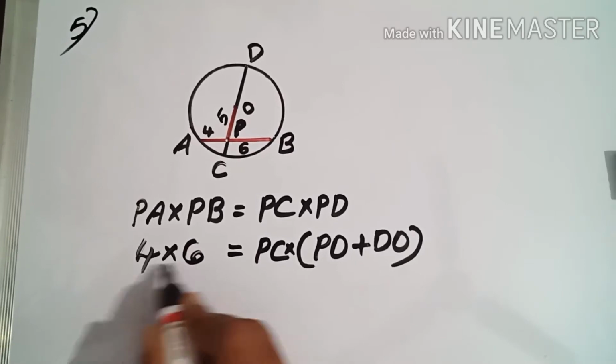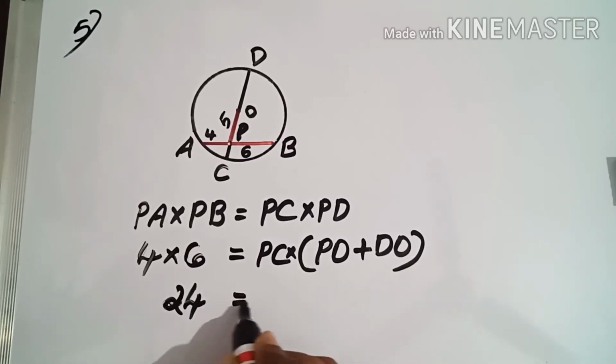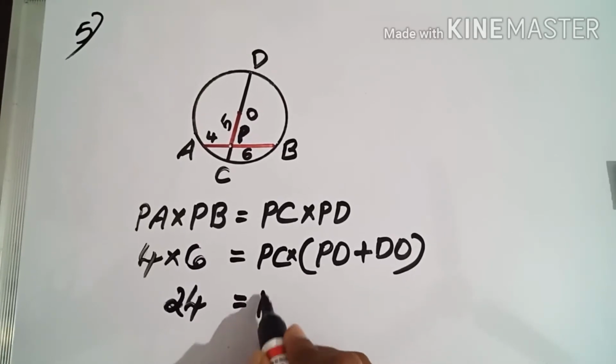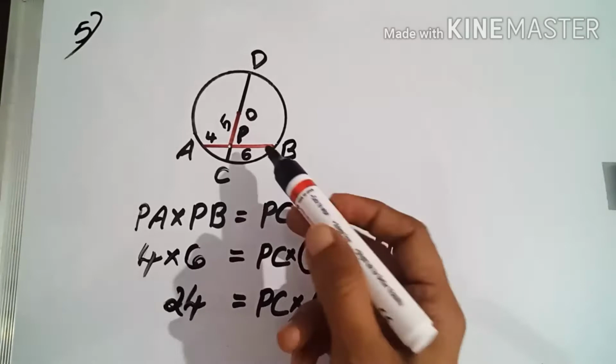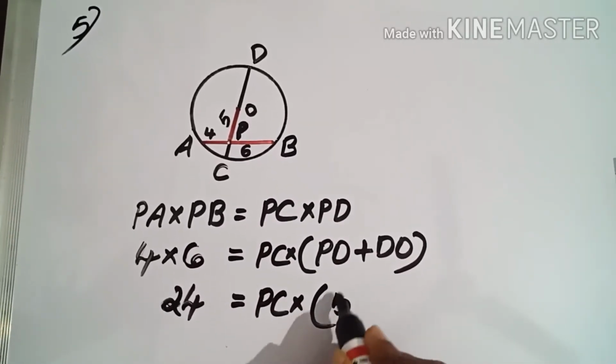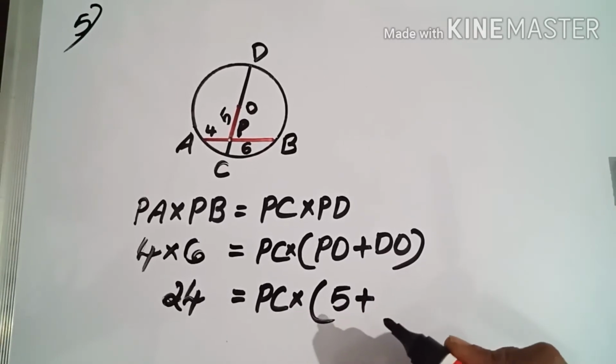Now 6 into 4, that is 24, is equal to PC, which we don't know, into PO, which is also given in the question. PO is 5 plus this DO, which again we can consider as the radius.